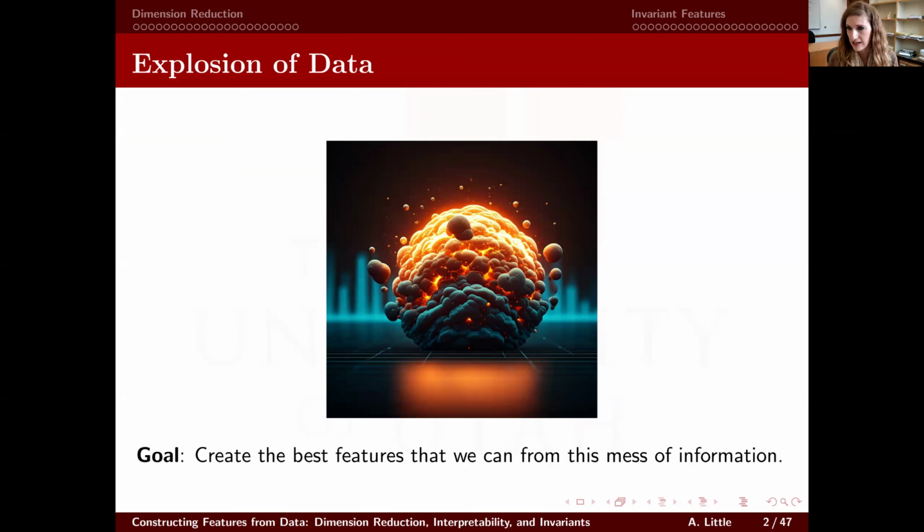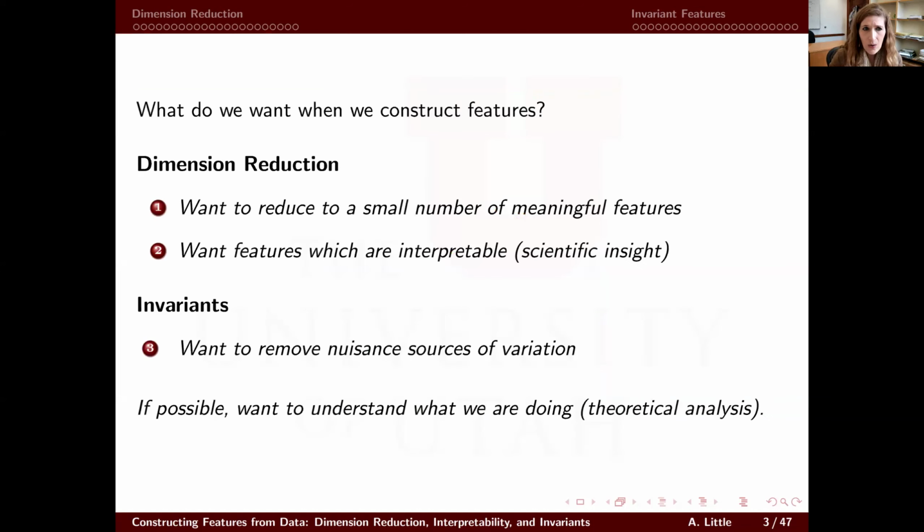So really, really steep increase. And so I asked AI to make me a picture of exploding data, and this is what it came up with, which I enjoyed some of the aspects of. But our goal, in all this mess of information, is to try to create the best features that we can. Okay, so there are a few different considerations here.